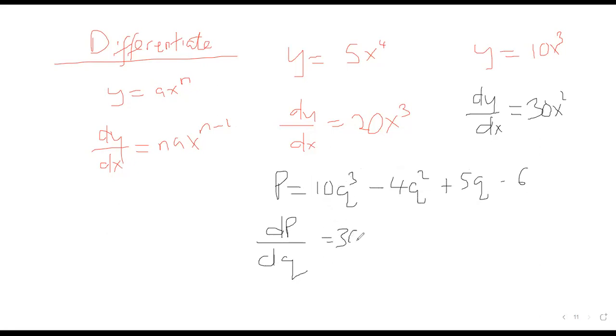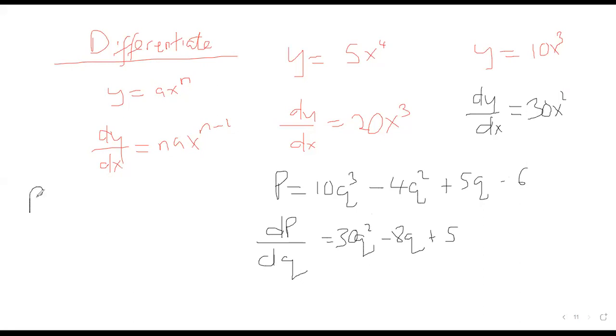We get a 30. When we subtract 1 from there, we're going to have a 2. We multiply 4 times 2, it's negative 8. When we subtract 1 from the 2, it will be an invisible 1. Here is already an invisible 1. 1 times 5 is 5. When we subtract 1 from the 1 to be 0, the q will come out. This one has no q at all, so it will drop out as a constant.